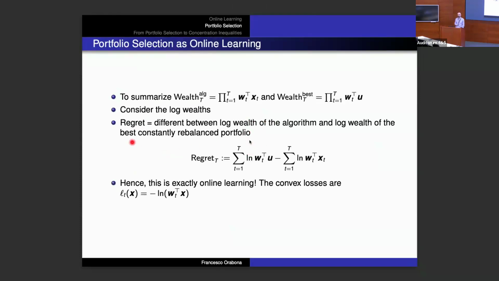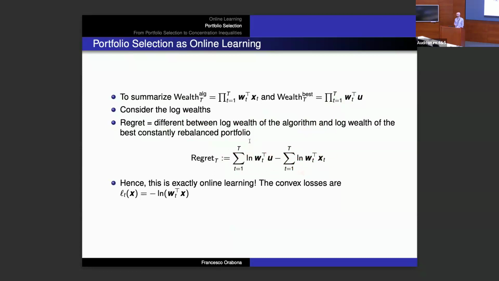We will define the regret as the difference between the log wealth of the algorithm and the log wealth of the constant rebalance portfolio. Actually in reverse, because this is bigger. So this is the log wealth of the algorithm, it's just the logarithm of this quantity, and this is the log wealth of the best.